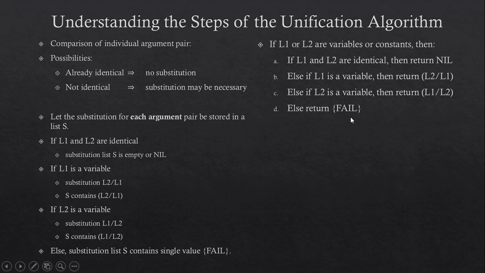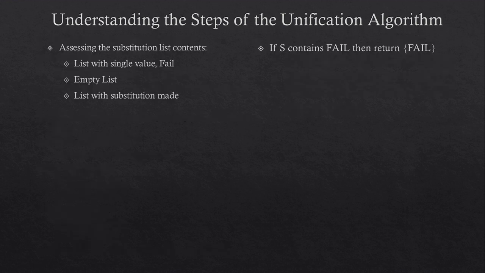Also, if this argument pair has failed, there is no point in comparing any further arguments, even if the predicate has them and they may be identical. Now let us understand the code for assessing the substitution list contents. After the comparison of the argument pair, we know that if everything goes fine, the list must have substitutions made.